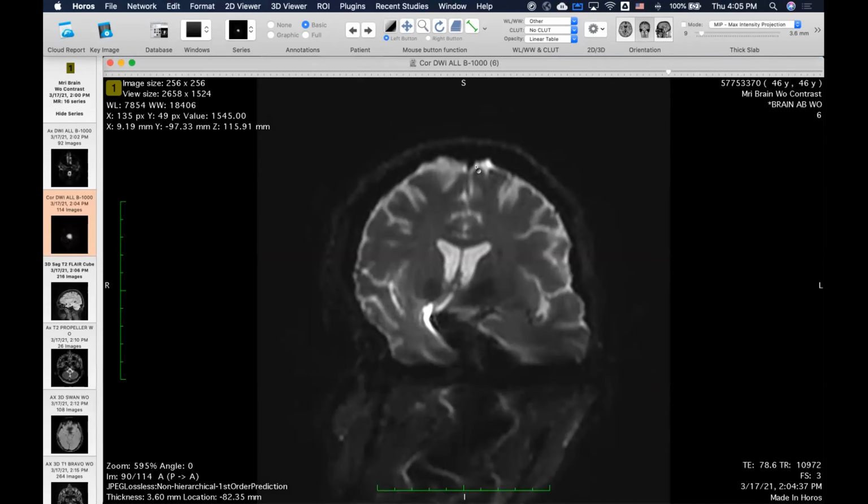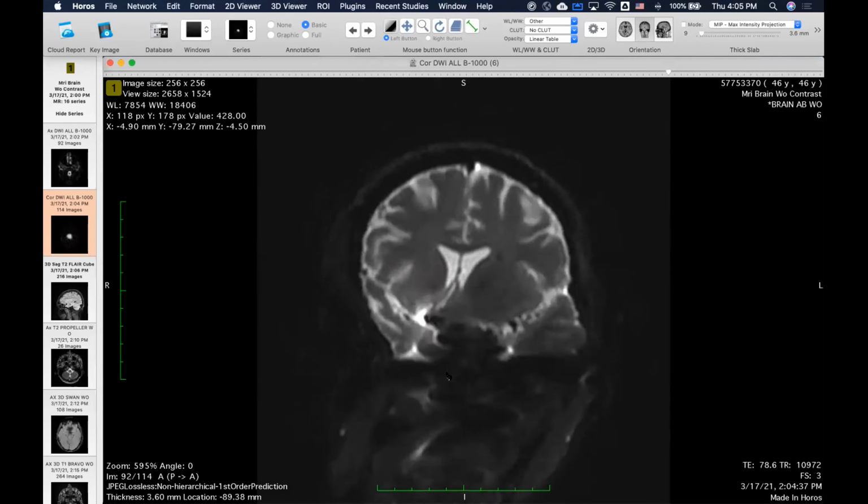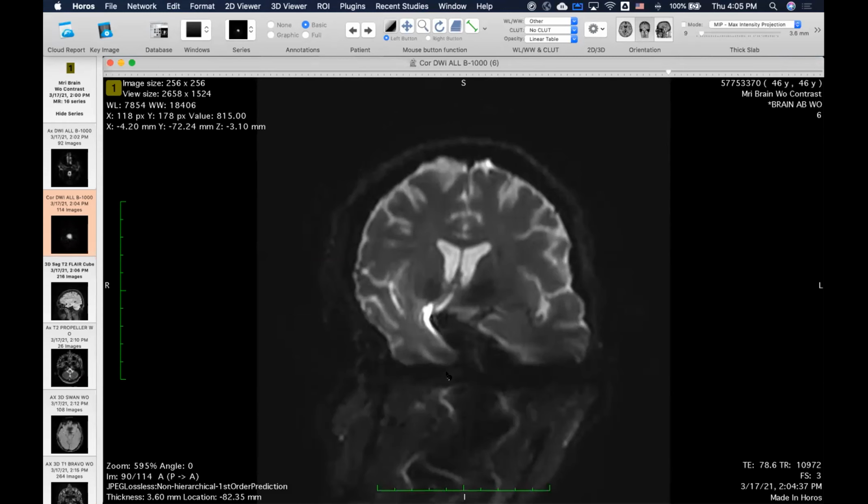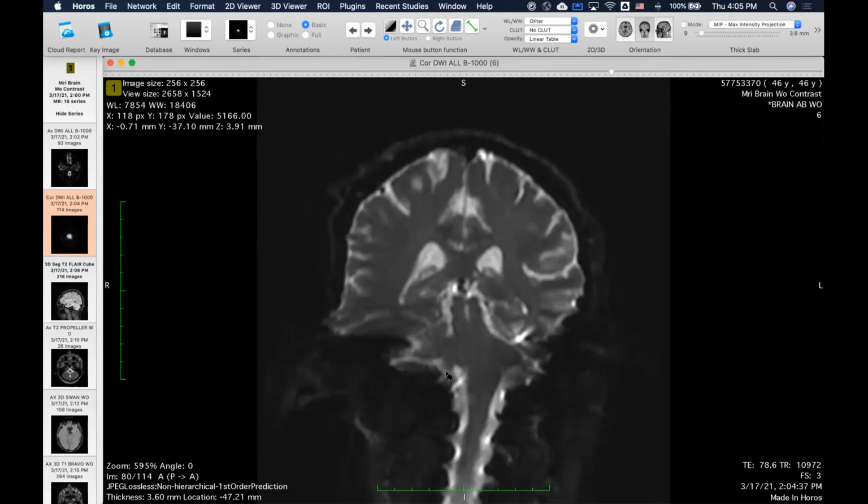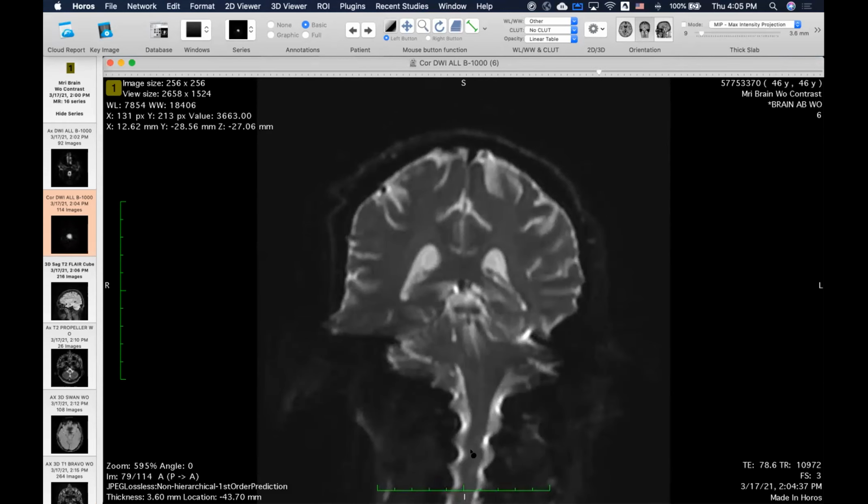It's not as bad as you go high up in the brain, but it's really bad at the bottom. You see how the brain is distorted? It's not real. And the spine, look at the spine. This is not the spinal cord.